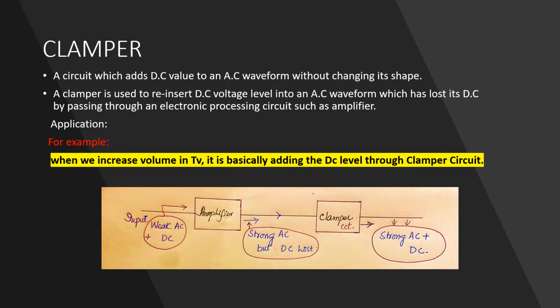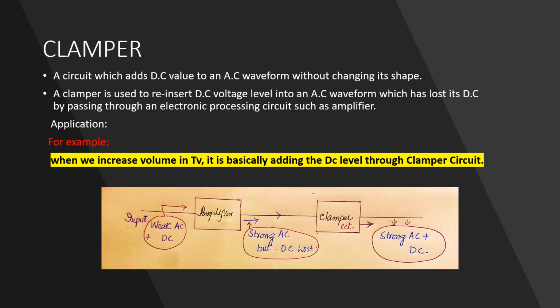For example, there is a figure given in this slide. At the input side, there is a weak AC signal with some DC component, and we want strong AC. We want to improve, reshape the weak AC signal.